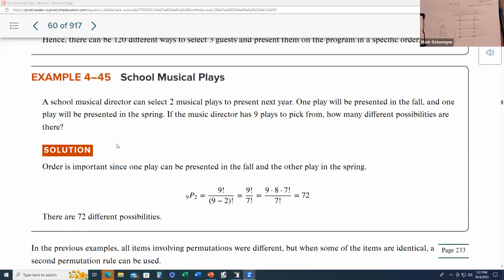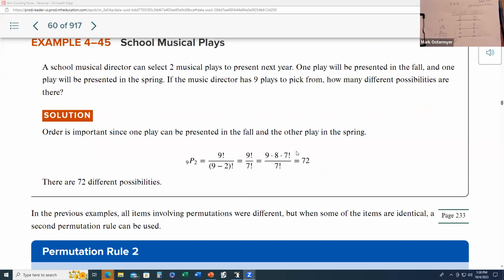And order does make a difference here, okay? Because of that, you should be thinking permutation. So we have 9 plays to select 2 from, where order does matter in how we select 2. That's a permutation. So there'd be 72 different ways of arranging 2 plays from 9 plays total, where the order in which they perform matters, fall versus spring, okay?